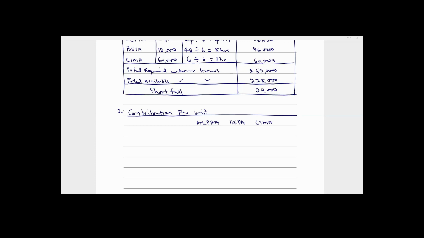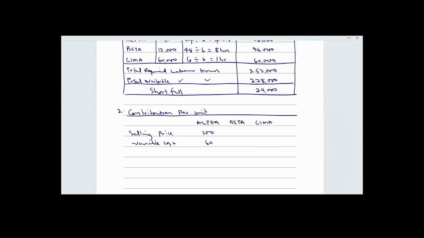All right then, so let's calculate our contribution. Selling price 100 minus variable cost 60.